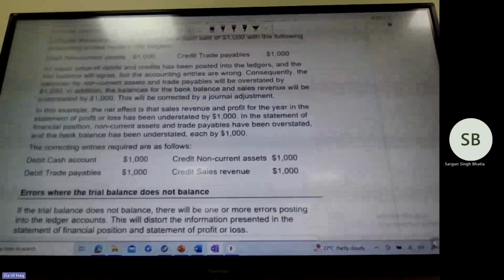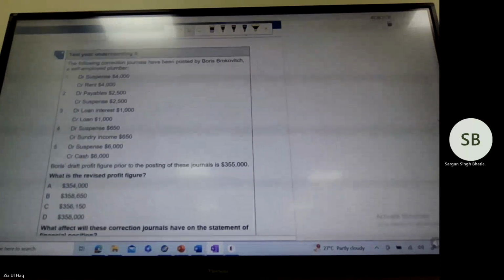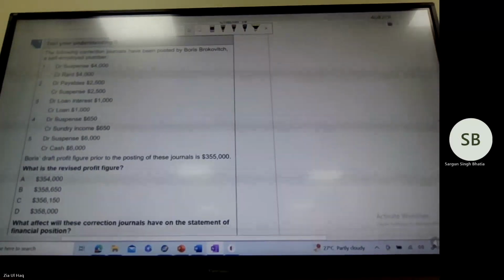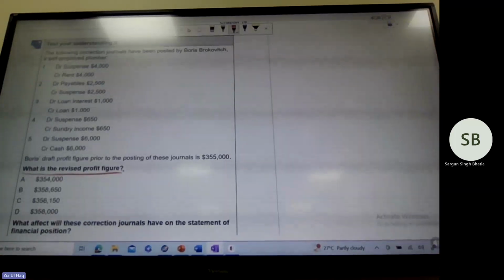There is a question, Test Your Understanding 5. He's asking what the revised profit figure is. You need to identify the corrected profit. The following correction journals have been posted by Boris, a self-employed person.